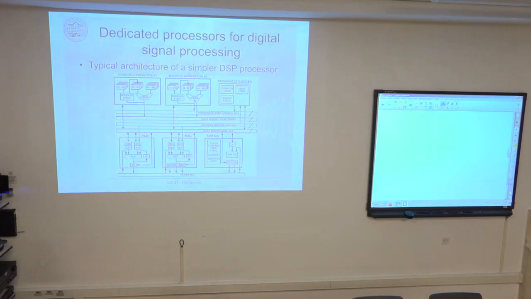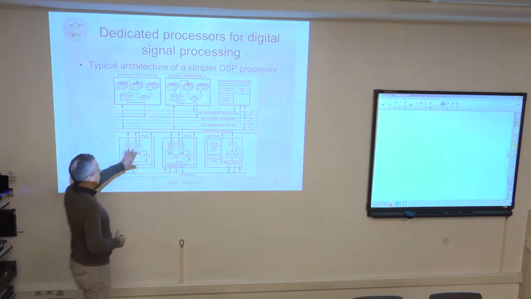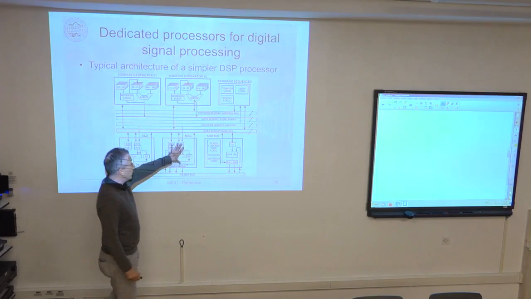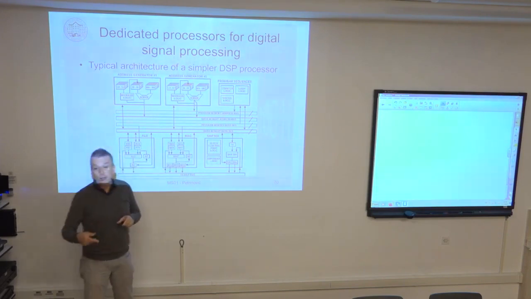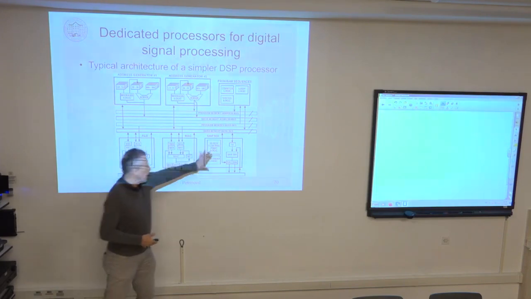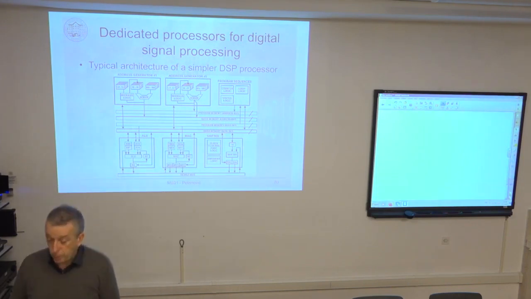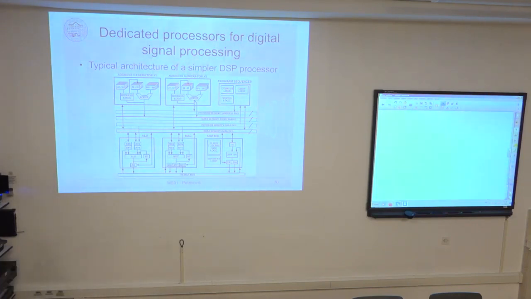And in this architecture of a very simple DSP processor, just to have the basic idea, they have parallel execution units: ALU units for arithmetic and logic operations, a MAC unit that does multiplication and accumulation, and a special dedicated shifter unit that is capable of performing what is called barrel shifting.